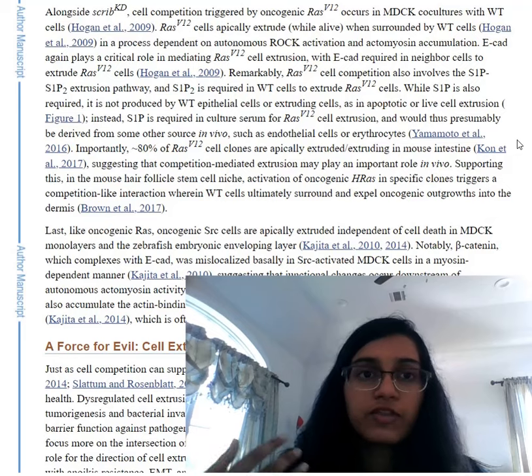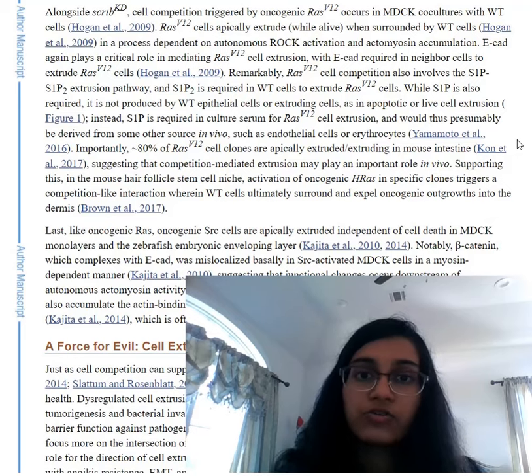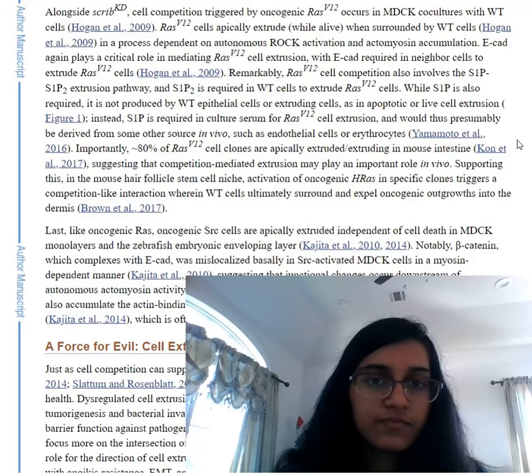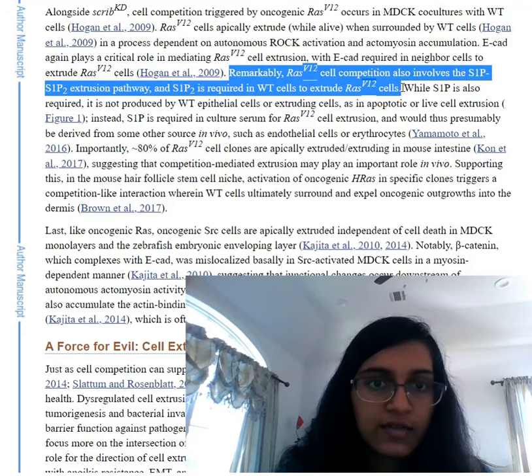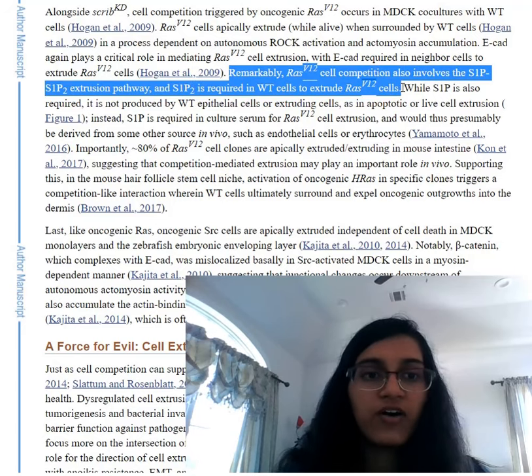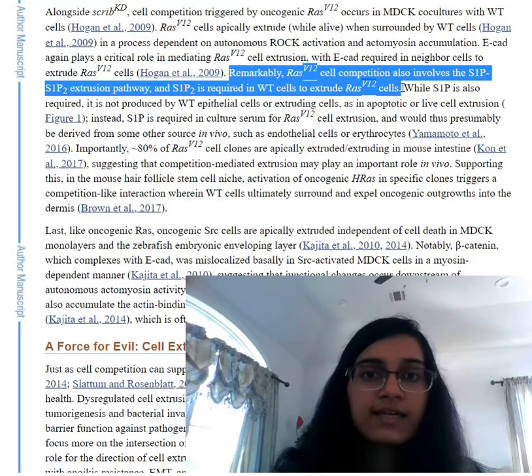So essentially what they're talking about here is the role of oncogenic RAS in cell competition. Here they note that RAS cell competition also involves the S1P and S1P2 extrusion pathway, and S1P2 is required in wild-type cells to extrude RAS cells.